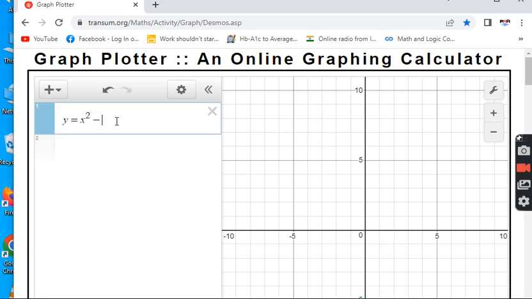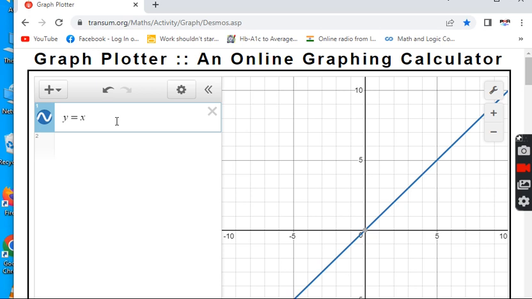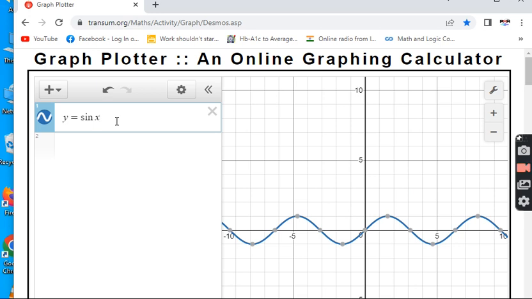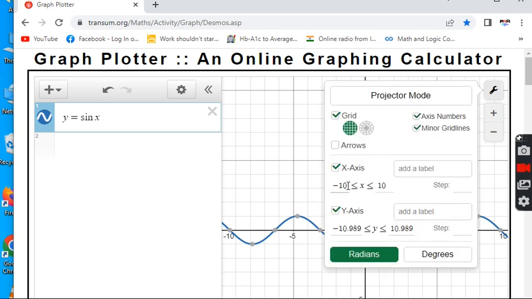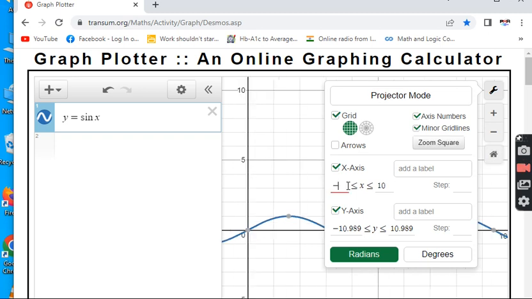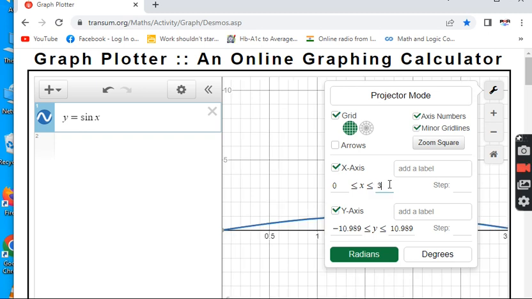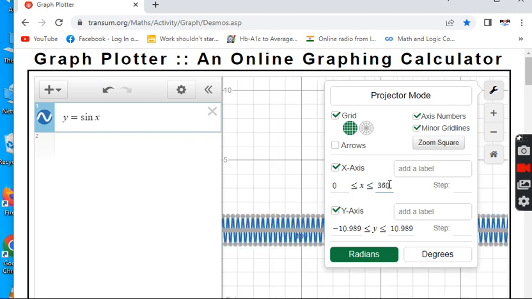First one was y is equals to sine x from 0 to 360 degrees.